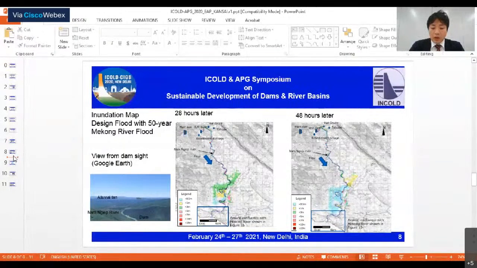And after 48 hours, the inundation turns to convergence and is reduced to below 0.5 meter at the middle river course, as shown in the right figure. From the middle to downstream, the river course will be widely inundated with 1 to 2 meter depths and partially with 5 meter depths. However, around the confluence with the Mekong River, no inundation occurs.